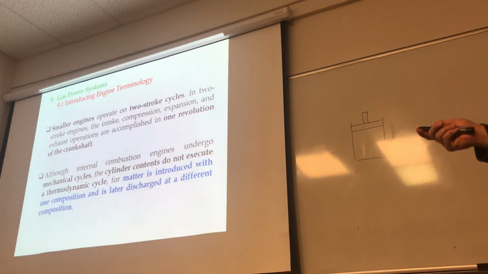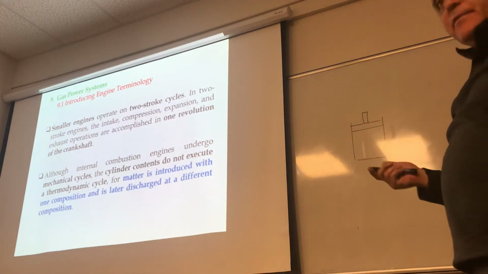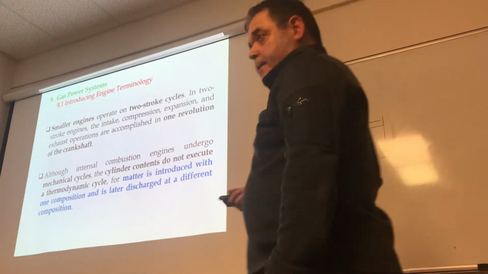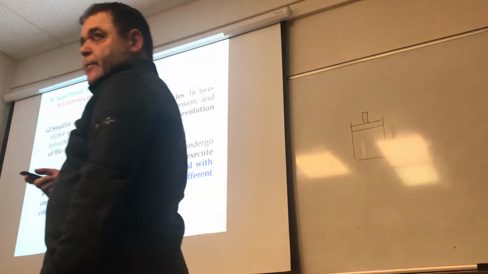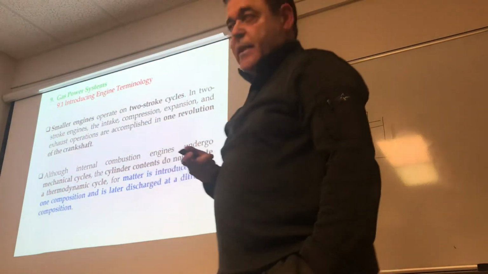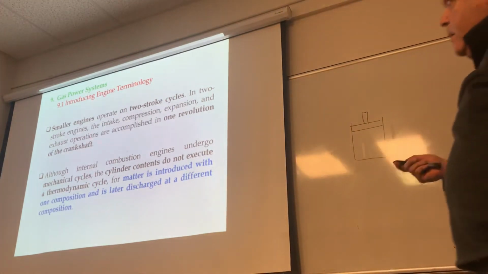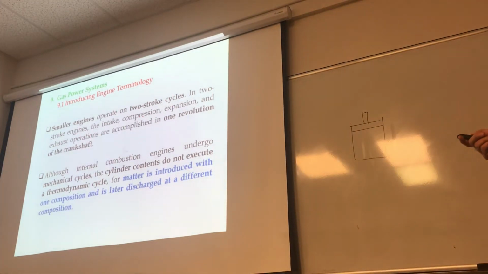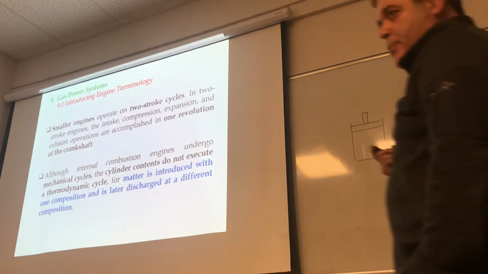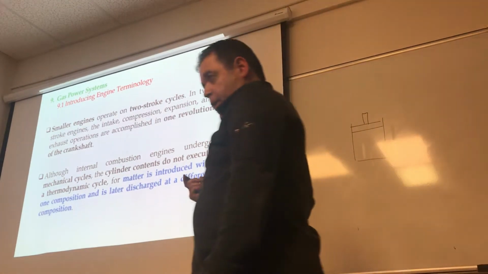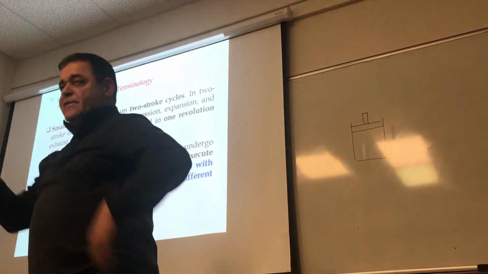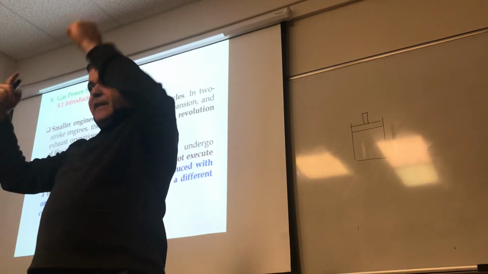Now, not all engines are obviously four-stroke engines. If you have a motorcycle or blower or whatever, those are two-stroke engines, right? Smaller engines operate on two-stroke cycles. I don't know if you guys have seen how two-stroke engines operate.